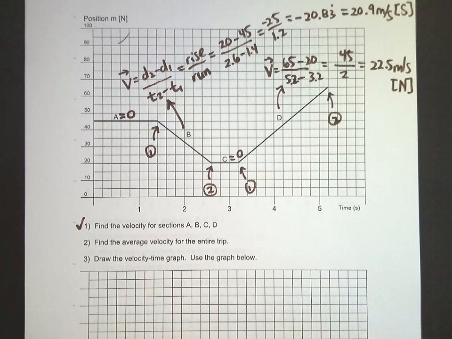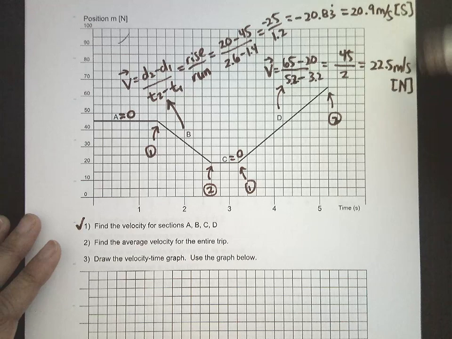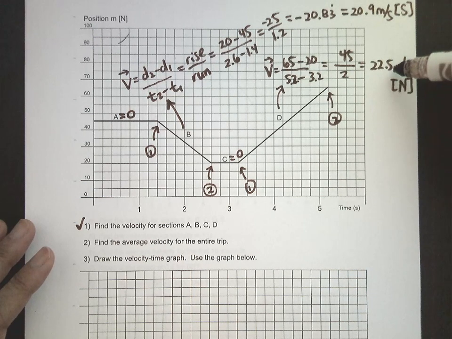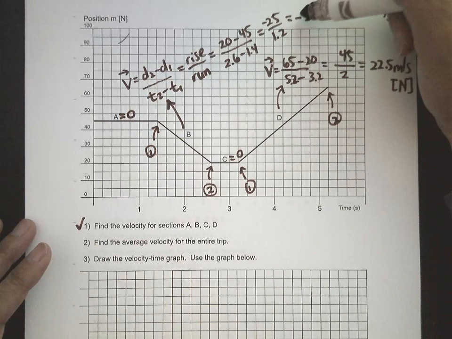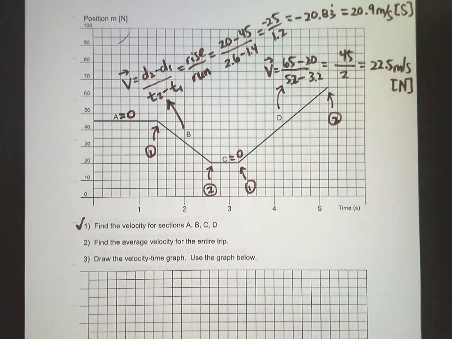Number 3 says draw the velocity time graph, and we're going to use the graph below. All right, so let's look at our scale right now. We have a maximum value of 22.5, and we have the lowest number of negative 20.9-ish.